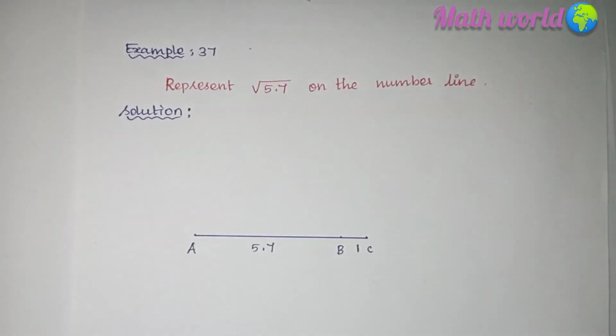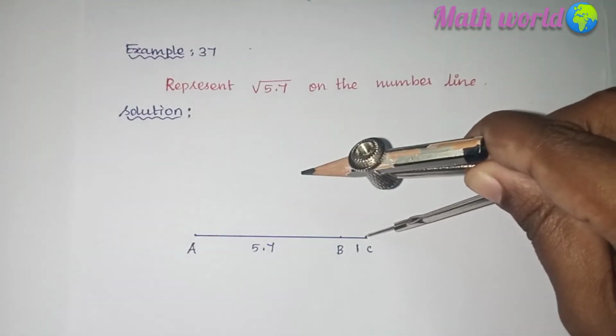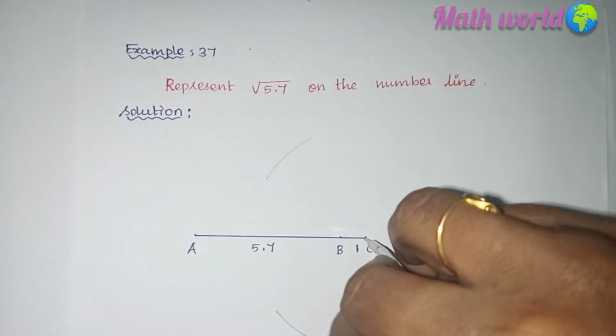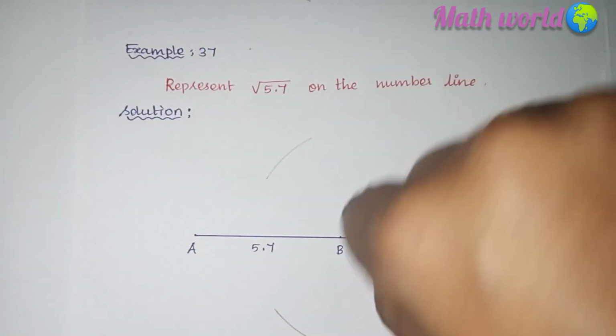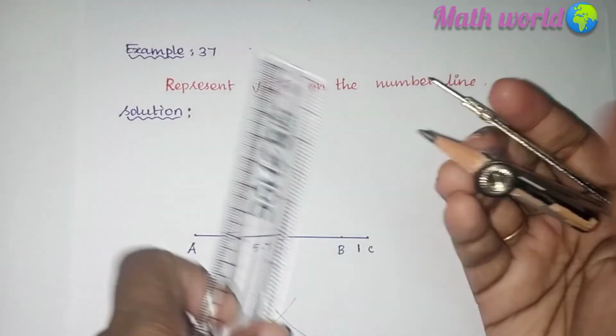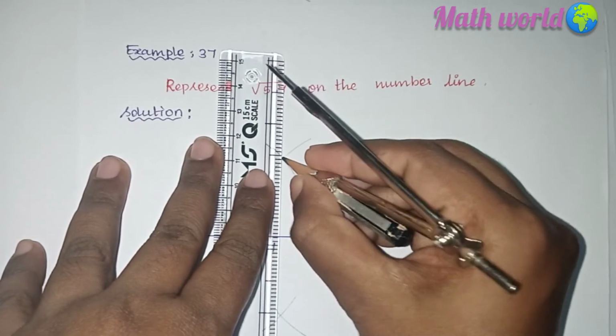Now you take the compasses, take more than half the length from C and draw two arcs up and down. The same, without changing that measurement, keep the tip on A and draw two arcs. Where these two arcs meet, that point is joined.